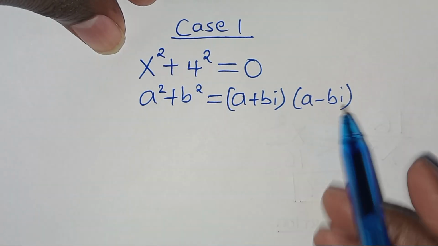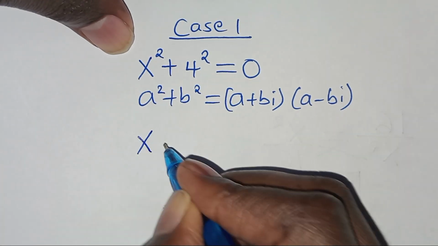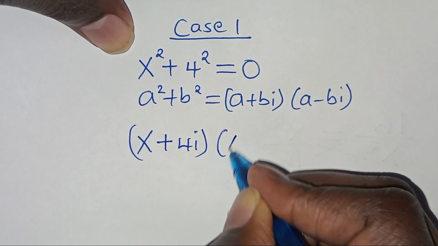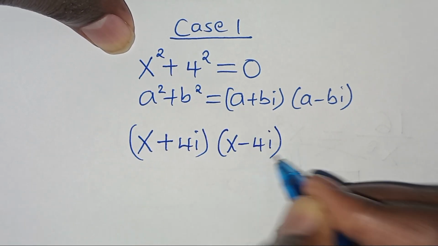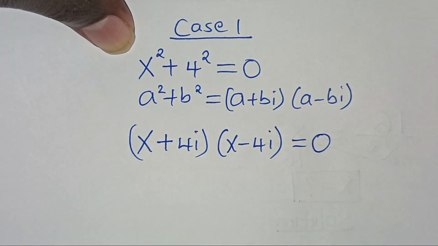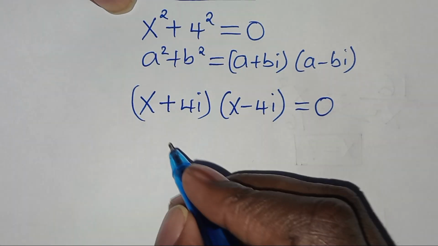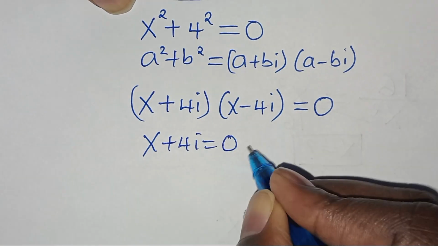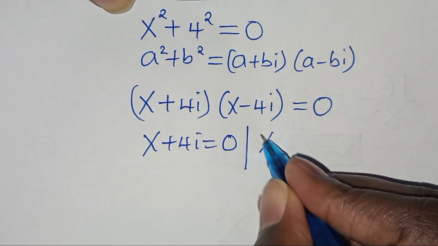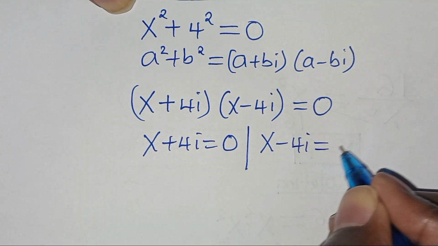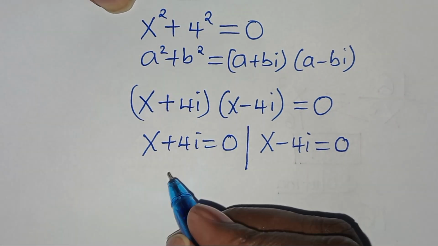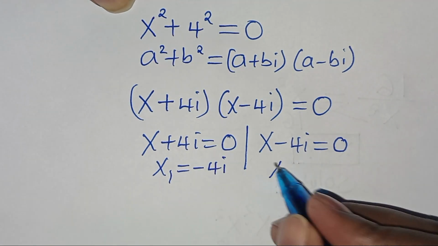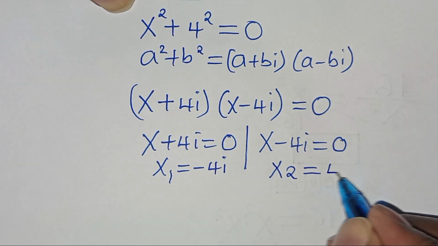Applying this identity, we have x plus 4i multiplied by x minus 4i, equal to 0. So this implies that we have two parts: x plus 4i equal to 0, and x minus 4i equal to 0. So we have x1 equal to minus 4i, and x2 equal to 4i.